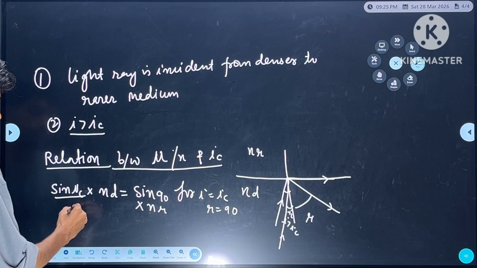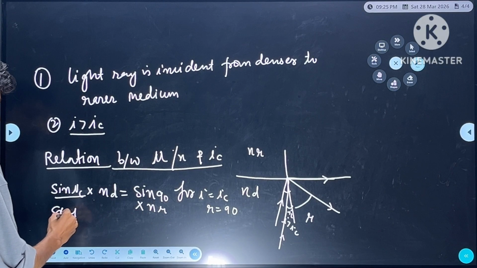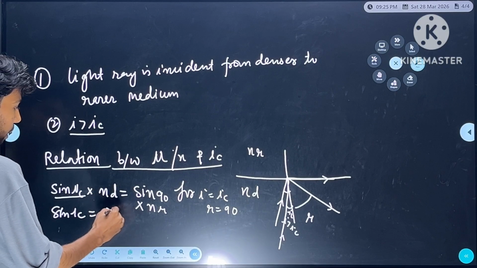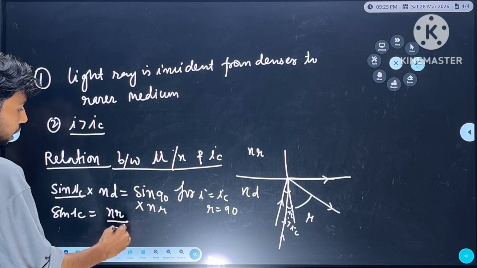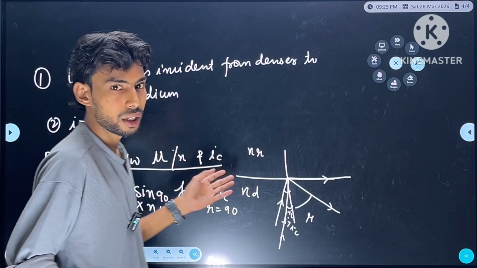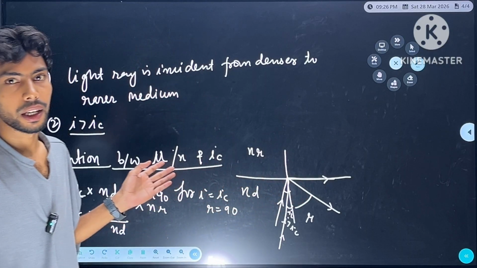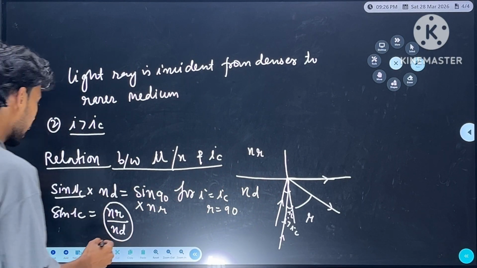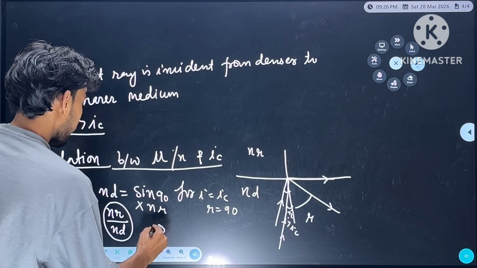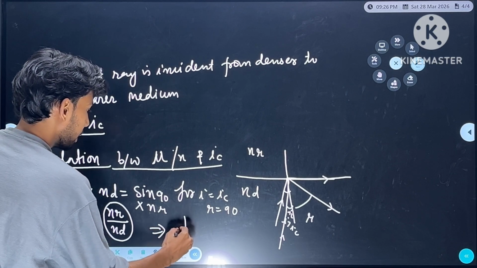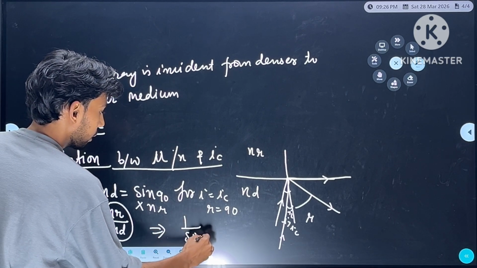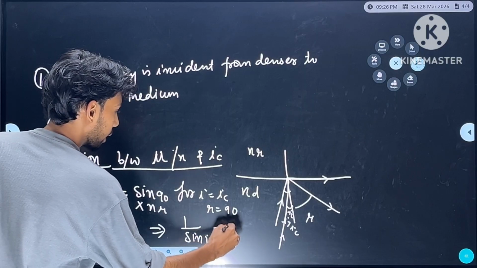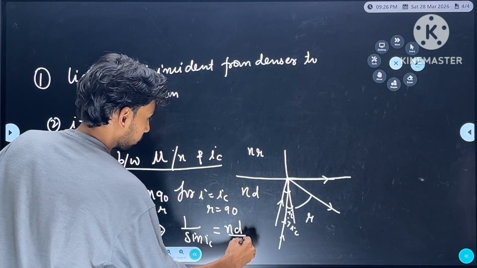So that gives sine IC equal to NR by ND. Generally when TIR is happening, the rarer medium we are taking is nothing but air. So I will write it in terms of ND by NR. So let's rearrange this formula. That means 1 by sine IC will become equal to ND by NR.